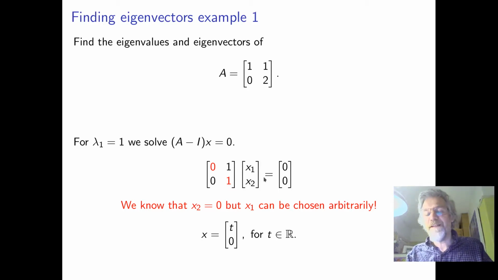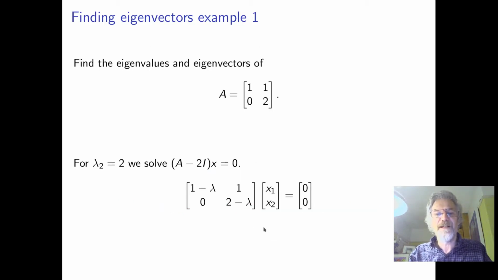So call it t. And so the general solution of this is the vector (t, 0) for any t that you like. So then you have the eigenvector. I mean, we could say (1, 0) or (2, 0), any t you like there. So that's the eigenvector for this eigenvalue.